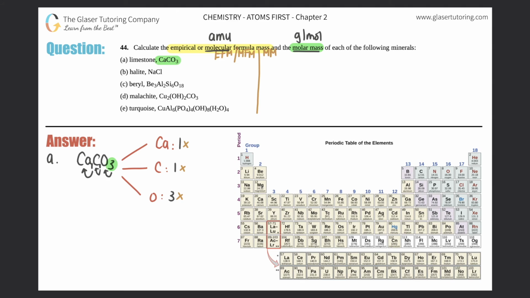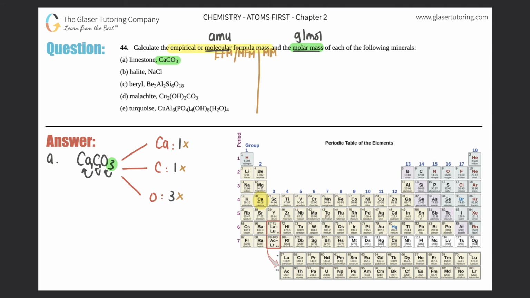So we've got to find out where calcium is, where carbon is, and where oxygen is on the periodic table. Now, I'm going a little rushed here because we already did 2 problems to find the molar mass. So if you guys are a little bit confused, go back to number 42 and 43. It will give you the overview. All right, so calcium is right here.